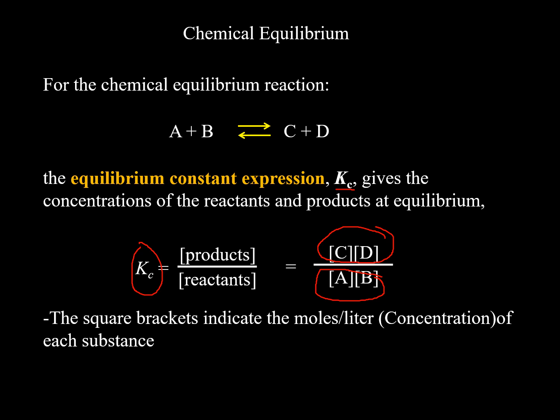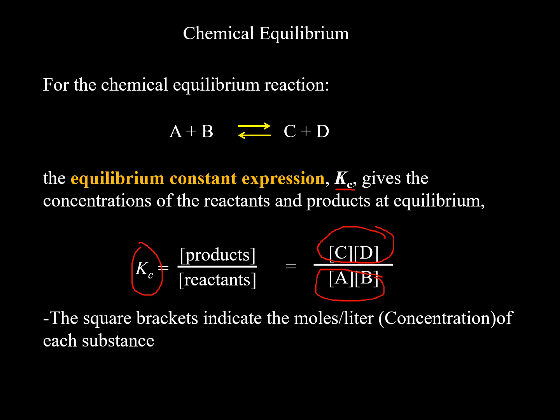You can get a bit more complex if we have, for instance, a 2 in front here, then there would be a 2 up here, squared, but I don't think you'll be touching this in the chapter. The products divided by reactants will give us an equilibrium constant. It'll give us a number.